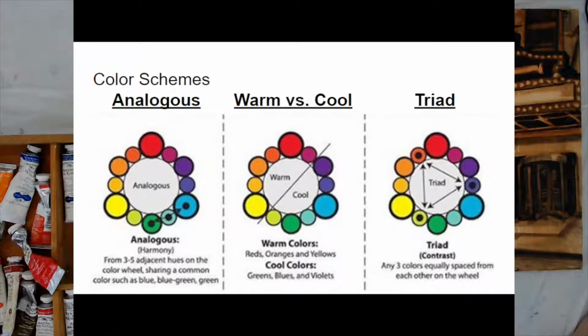And then an example of warm versus cool: warm colors are reds, oranges, and yellows. Your cool colors are greens, blues, and violets. So when we talk about, in general, warm versus cool, your warm colors are your reds, oranges, and yellows, and your cool colors are typically greens, blues, and violets.